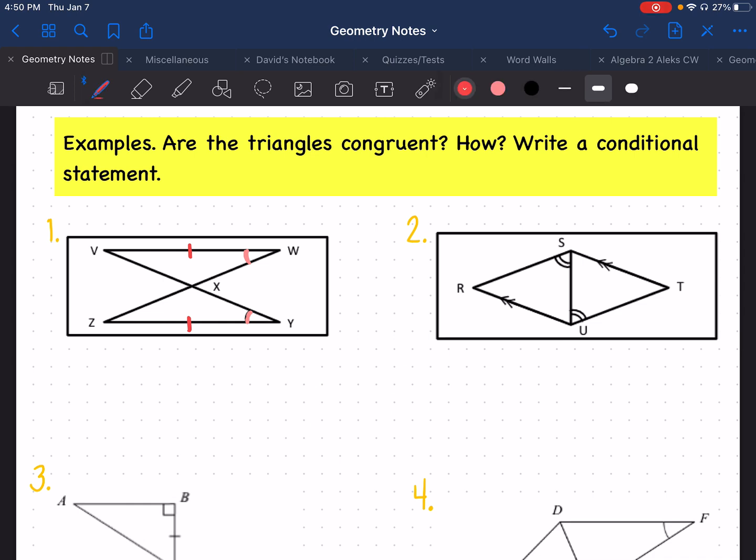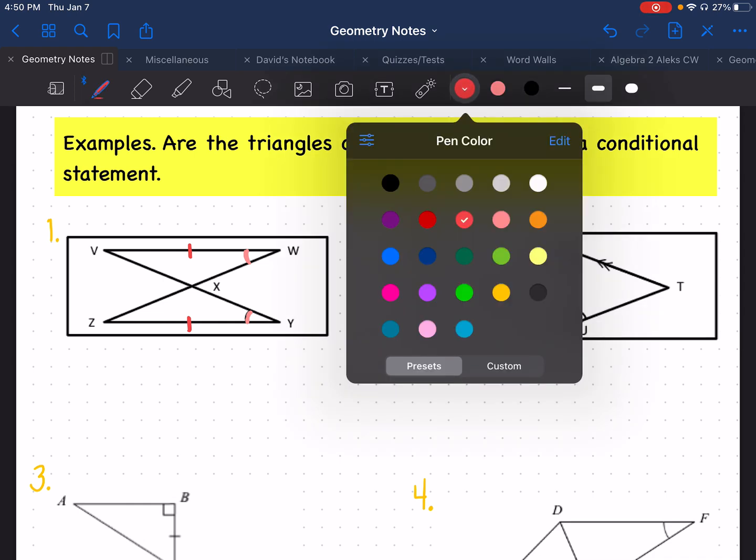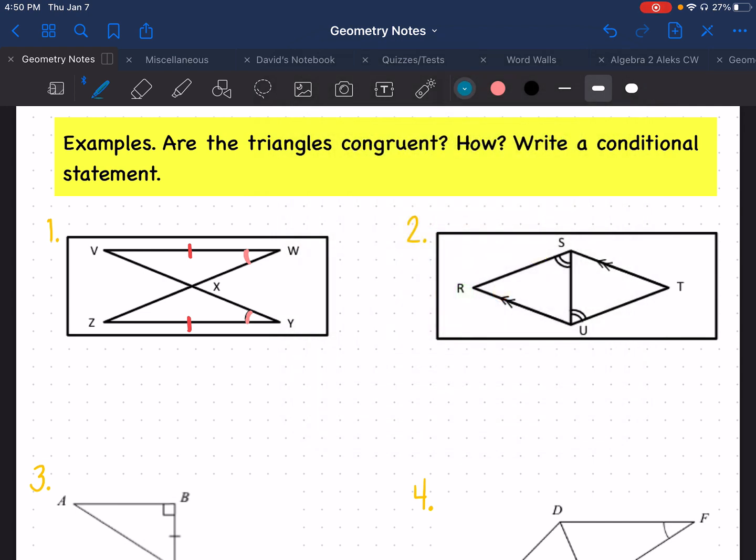All right, so that being said, as I look at number one, I see vertical angles at X. At the top, remember, you're going to have to call it VXW, and X in the bottom triangle, which I would call ZXY. I'm going to go ahead and say that yes, the triangles are congruent.